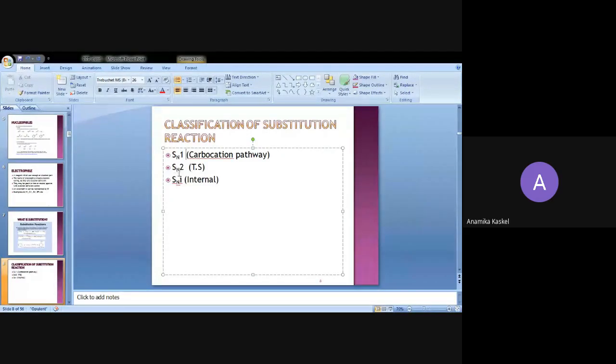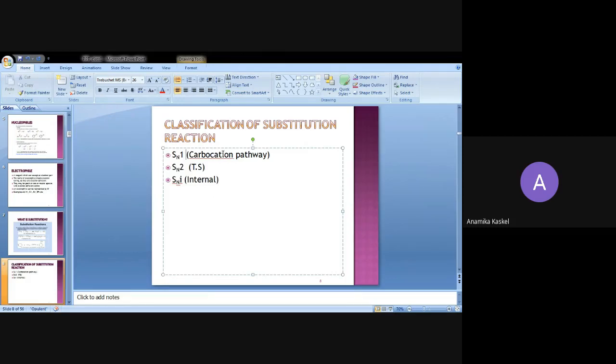Substitution, nucleophilic, 2 stands for bimolecular. And it goes through the TS pathway, that means transition state pathway.